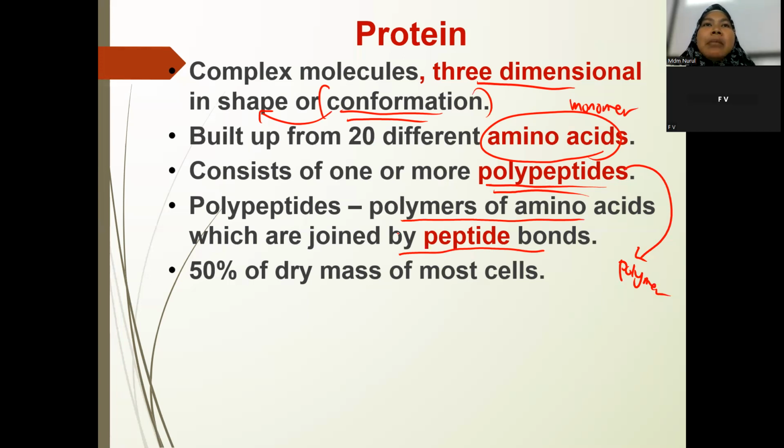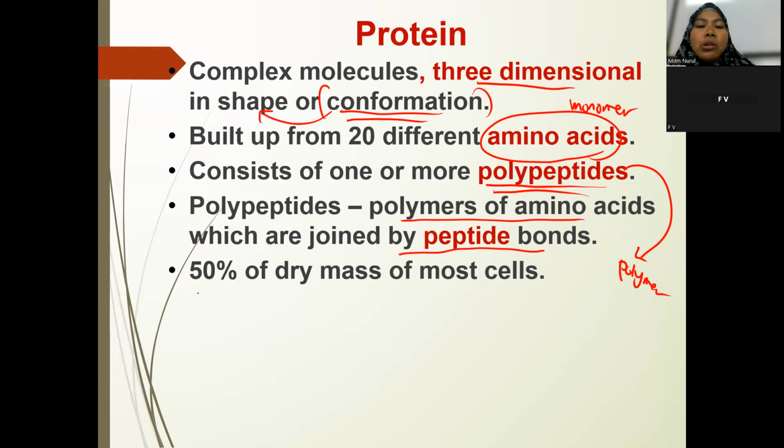Kalau karbohidrat, nama ikatannya glycosidic linkage. Lipid, ester linkage. Protein, peptide bond. Madam, kalau saya buat peptide linkage boleh? Boleh. Tak ada masalah. Bond or linkage boleh. Okay, right. And 50% of dry mass of most cell consisting of protein. Boleh kata 50% setiap sel ataupun dalam tubuh pun adalah dalam bentuk protein.